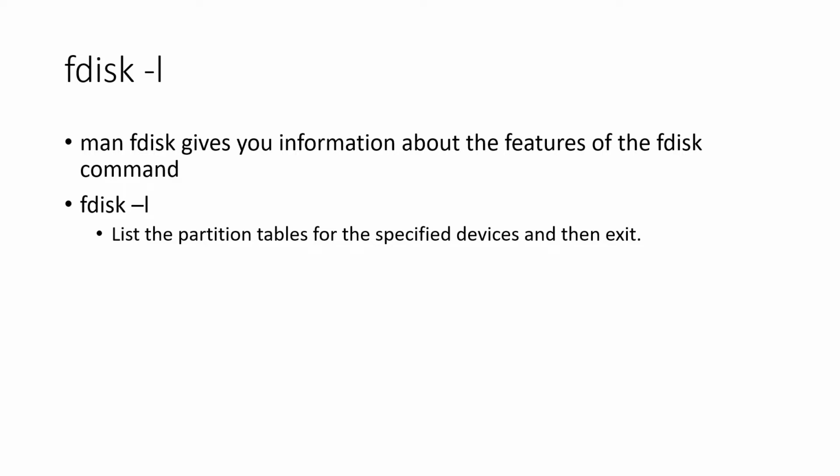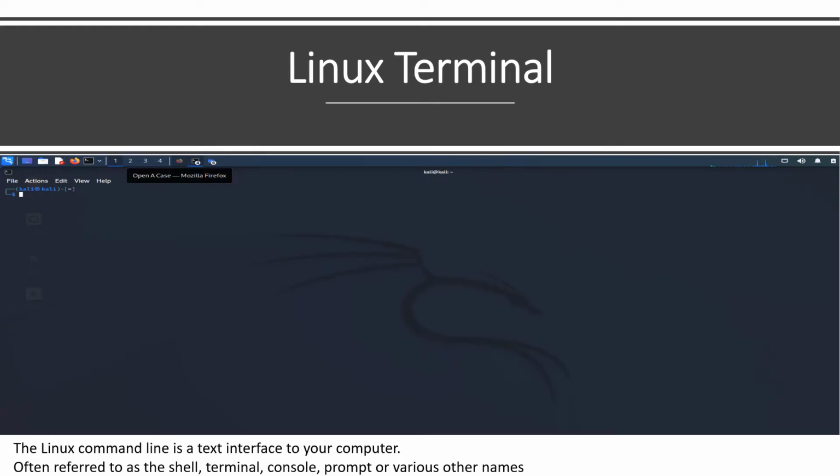In order to have more information about the fdisk command, you can type in man fdisk, which gives you information about its features. Commands like dd and fdisk can be used through the Linux terminal, which is a text-based interface used to control a Linux computer. It's just one of the many tools provided to Linux users for accomplishing any given task.